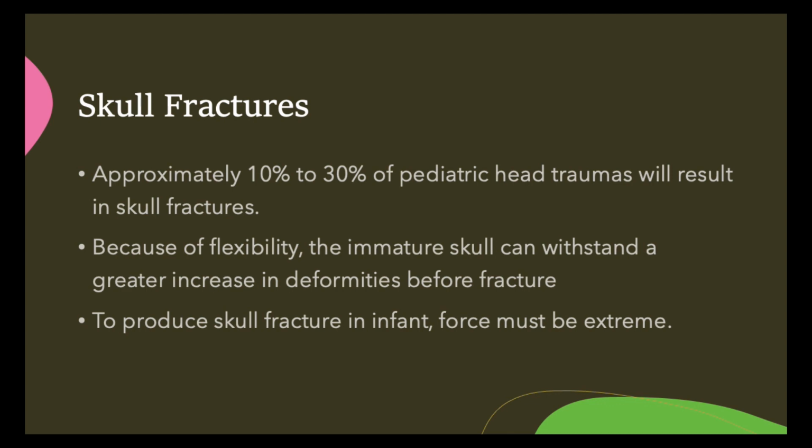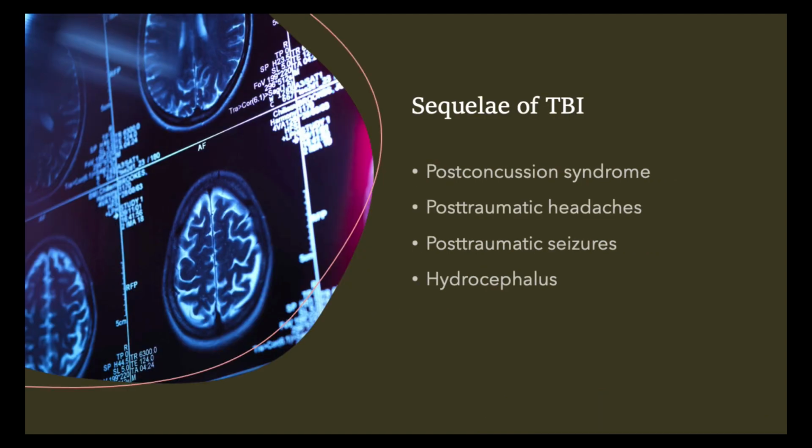However, keep in mind, because the skull is not done fusing yet, it is more flexible, so it takes more force to fracture the skull of an infant than it would an adult. Some more sequelae that we won't talk about here of TBIs include post-concussive syndrome, post-traumatic headaches, post-traumatic seizures, and hydrocephalus.